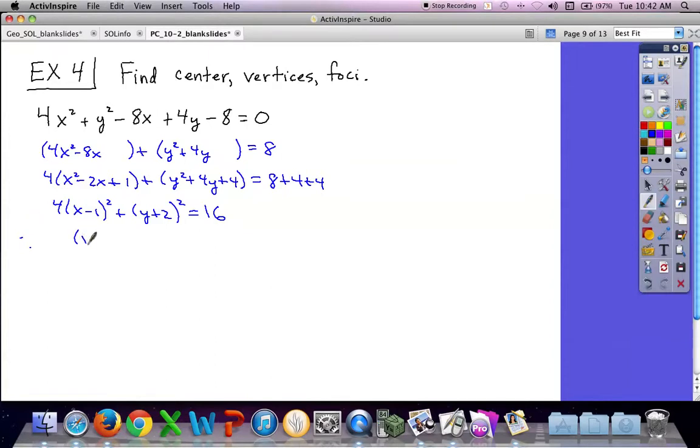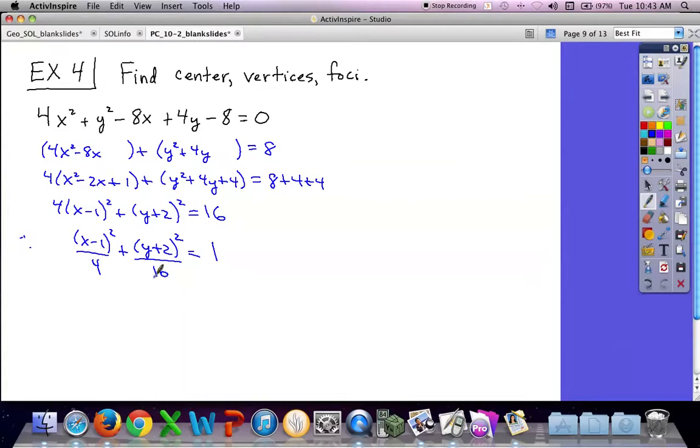So this becomes (x minus 1) squared over 4 plus (y plus 2) squared over 16 equals 1. Okay. So where's the bigger denominator? Under y, so it's vertical, not horizontal. It's the only thing you're looking for.